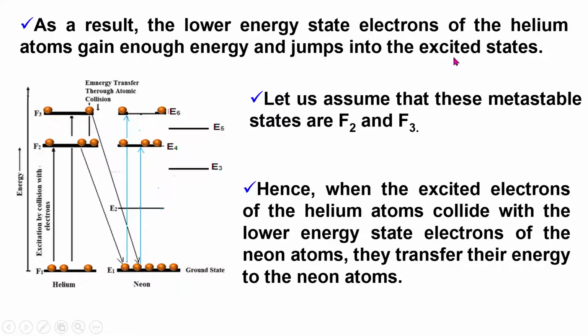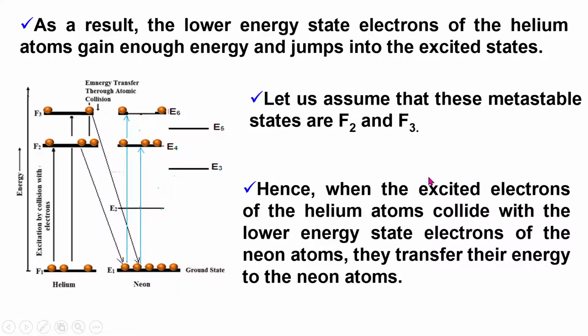As a result, the lower energy state electrons of the helium atoms gain enough energy and jump to the excited state. So now see here in this energy level diagram, when the helium atoms receive some energy, they gain enough energy and jump to the excited energy levels.